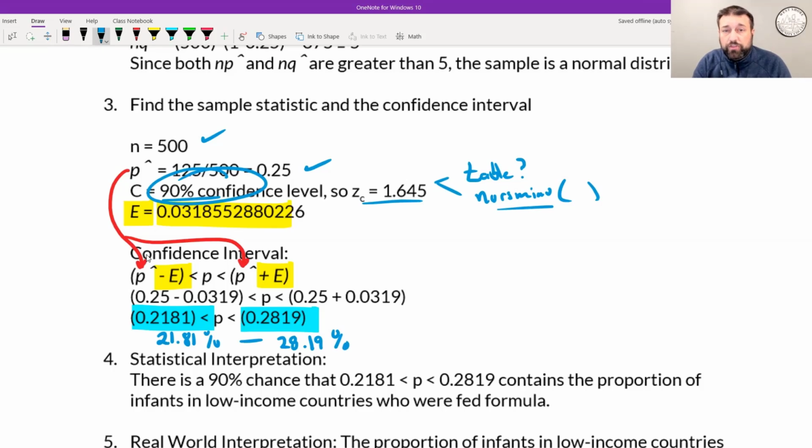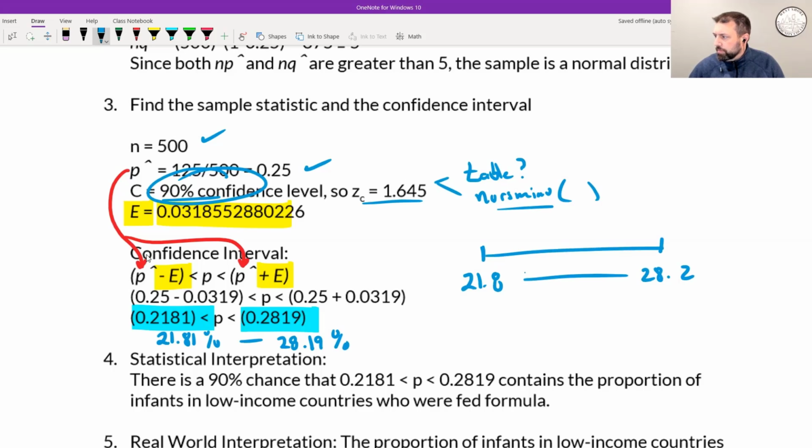So we can be 90% confident that if you surveyed all of the low income countries, the proportion of mothers that fed their infants formula would be between 21.8% and 28.19%, so 21.8 through 28.2 with some rounding.